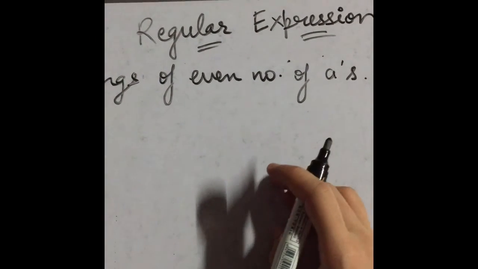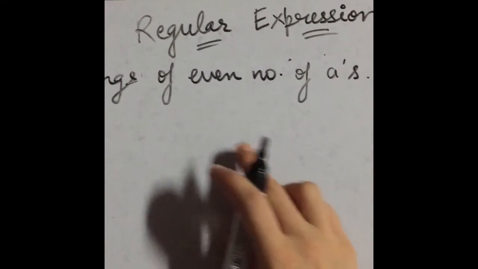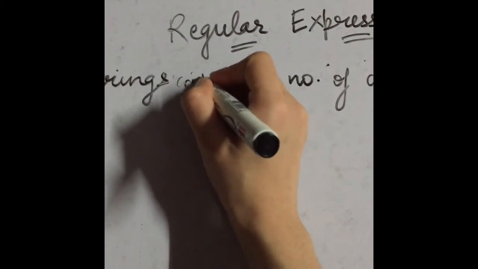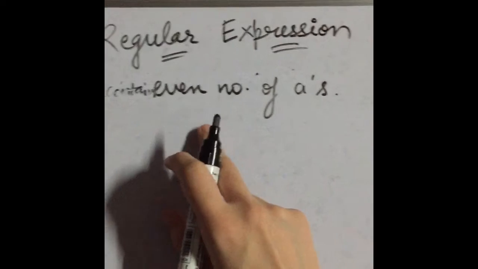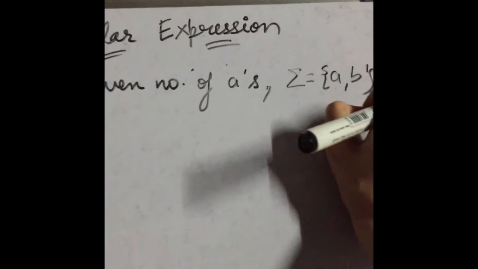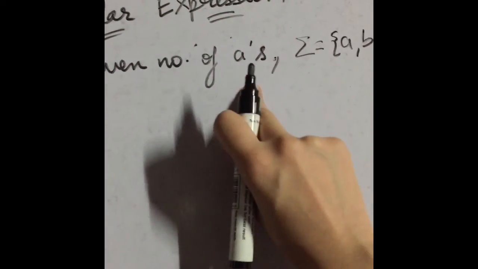You can also write strings contain even number of a's, where the input is a, b. So you want to make a regular expression for those strings which contain even number of a's.